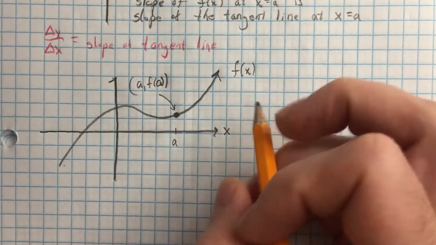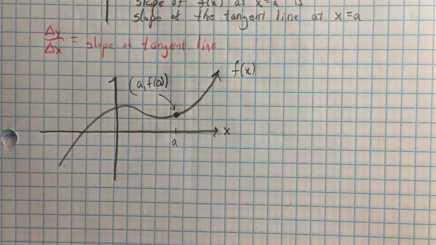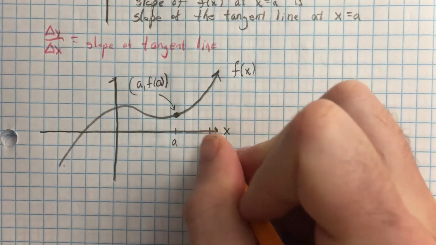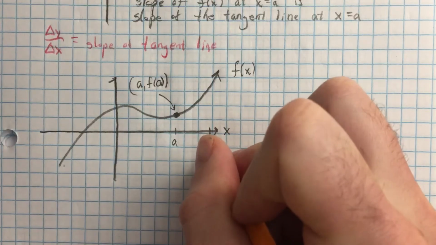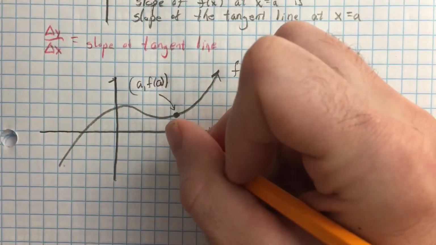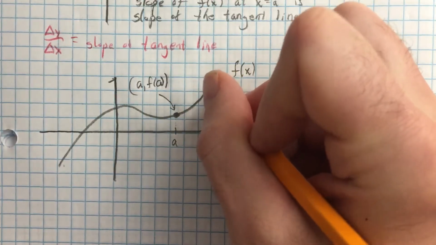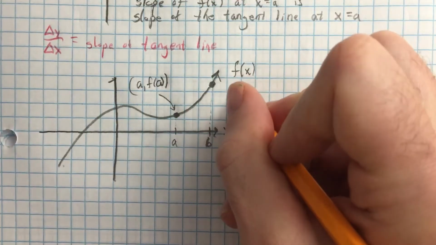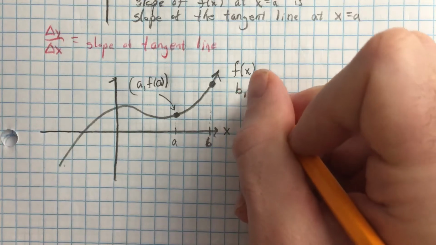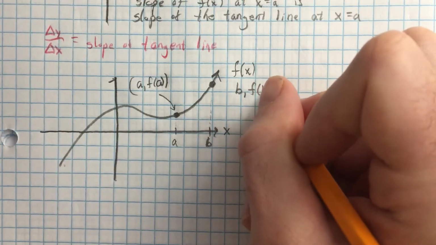Now, if I move further down the curve, let's just say b here, maybe. I map this up to the curve. I'll of course get a new point, and just like before, notationally, this will be b comma f of b.